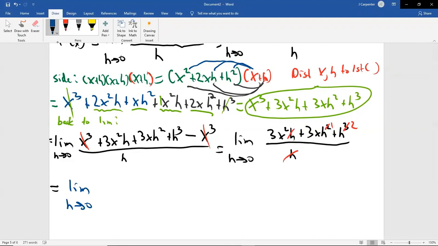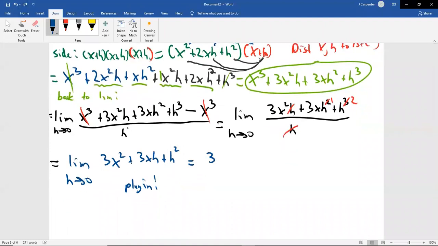The limit as h goes to 0 of 3x squared plus 3xh plus h squared. Now we can plug in the 0. I'm sorry, when you plug in the limit, we no longer write limit, obviously.